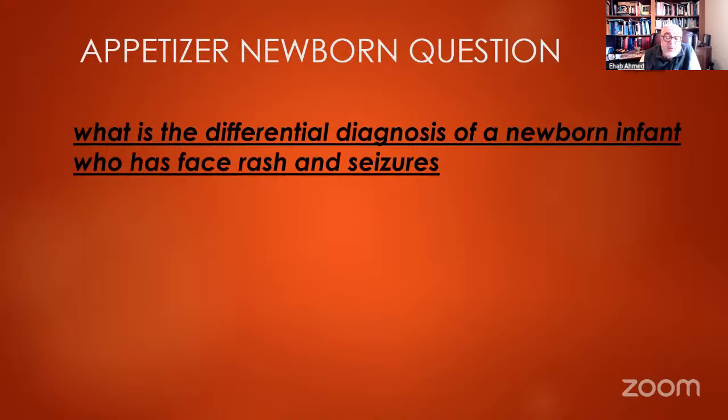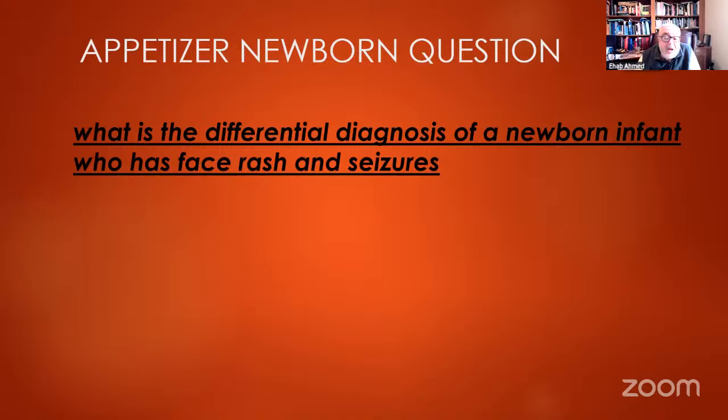Hemorrhagic disease of the newborn. How can hemorrhagic disease of the newborn cause rash on the face and seizures? It can cause intracranial hemorrhage, yes, but rash, I don't know about that. Ecchymosis, maybe, but it's mostly intracranial bleed or GI bleed.